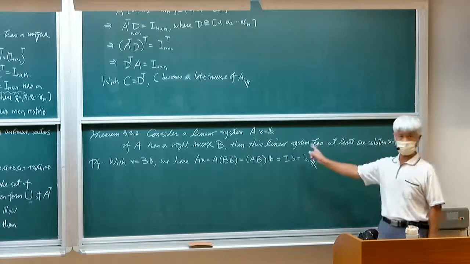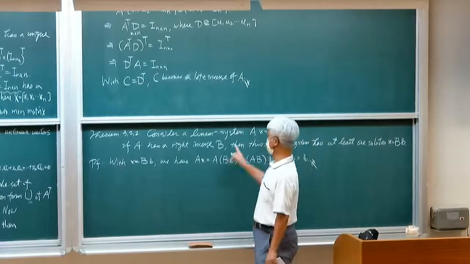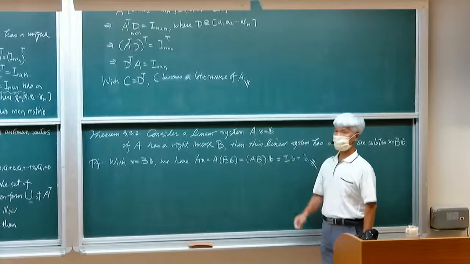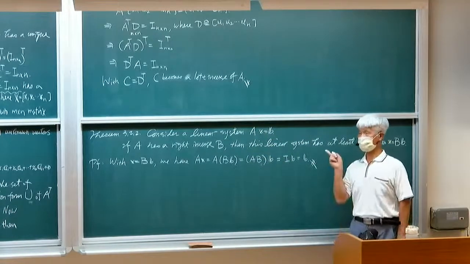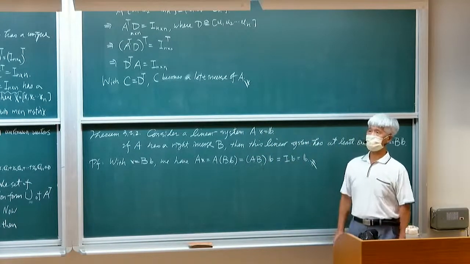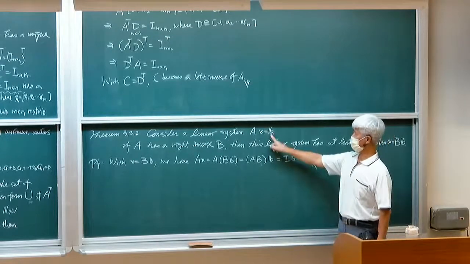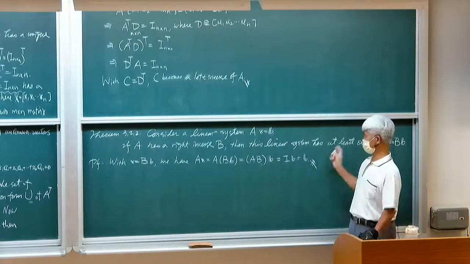So it is quite easy to see that once the coefficient matrix has a right inverse, then the corresponding linear system for any b has at least one solution.